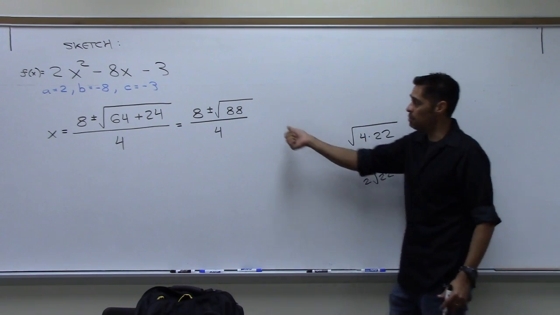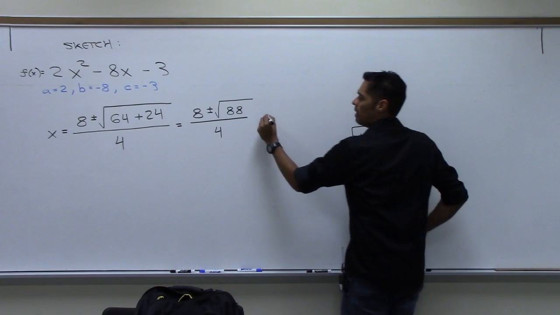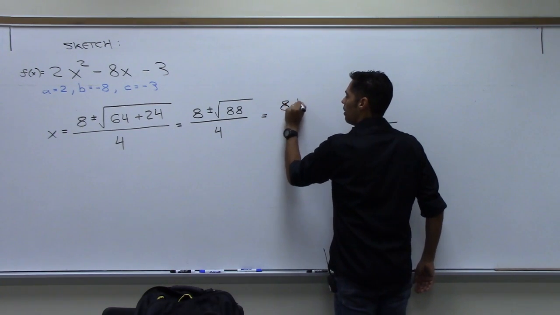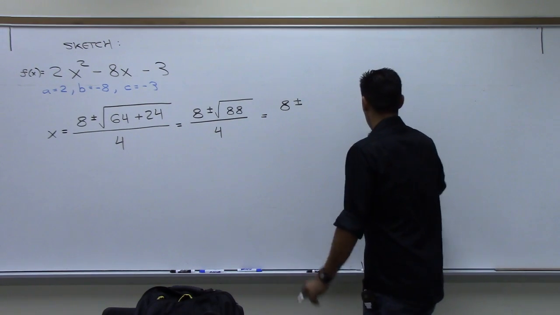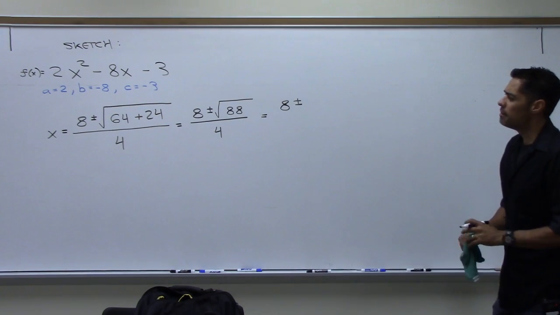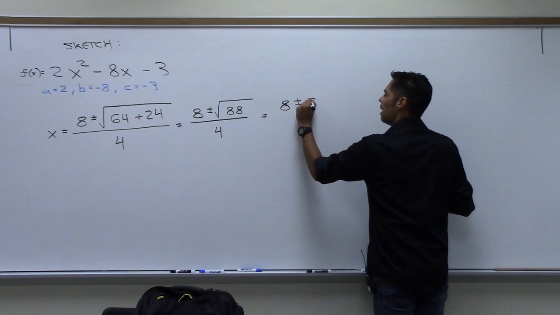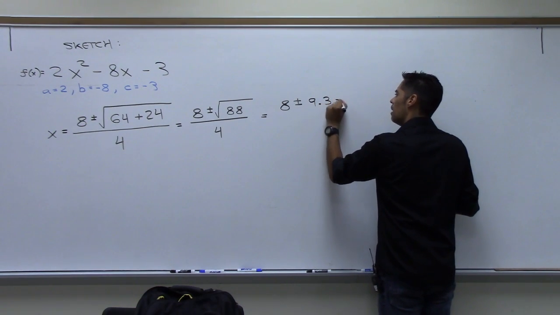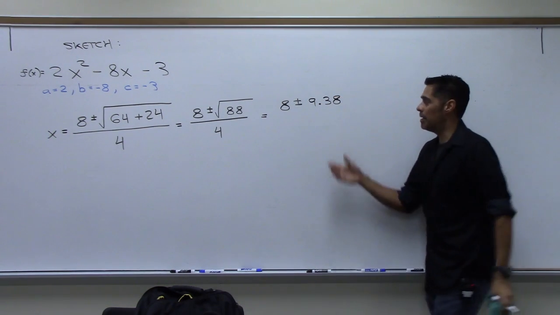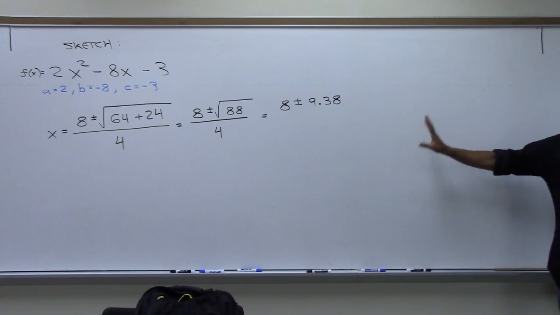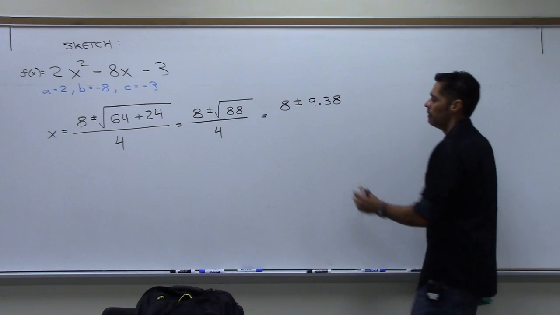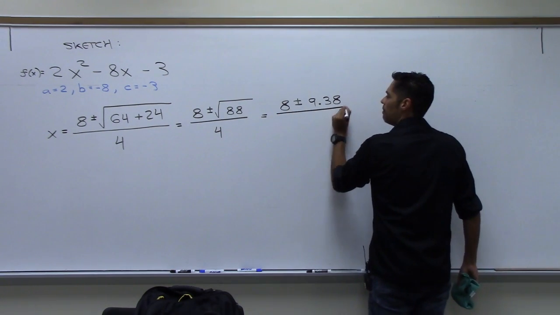So we may as well at this point get our calculators out and take the square root of 88. Go ahead and do that. And you should get, like, 9.38. And everyone will ask me, how many decimals should we go? Look, 2 decimal places, that's fine. All that divided by 4.